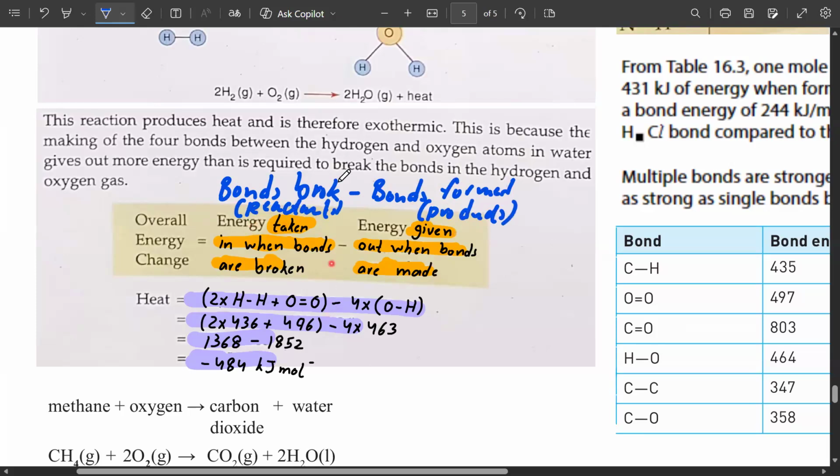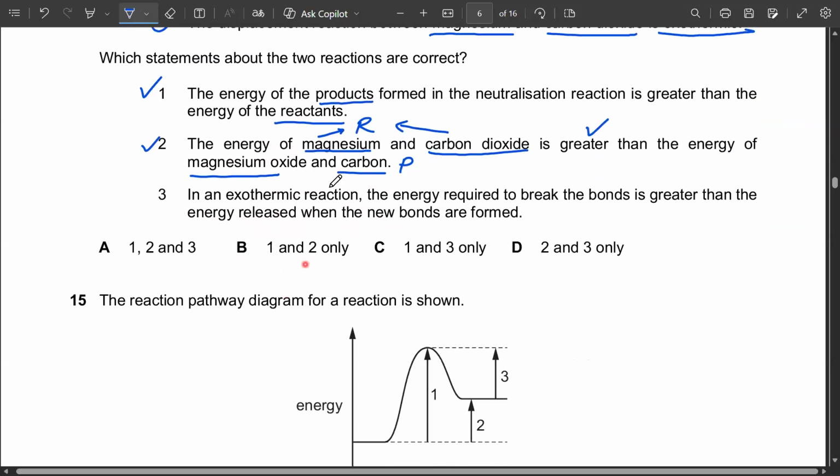So if they are saying the reaction is exothermic, that means enthalpy of the reaction needs to be negative. It should be negative. And we remember the formula is broken minus formed.